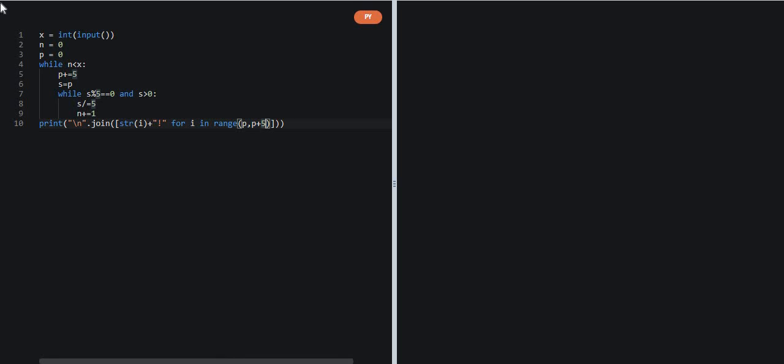Here in a range function, p plus 5 will not be included, and I will increase every time by 1. Now we can test it.